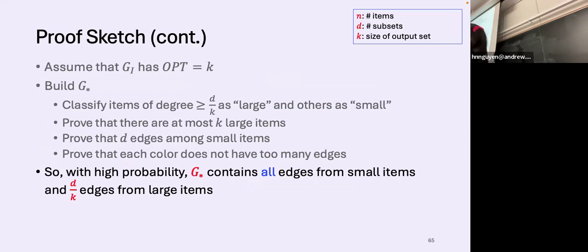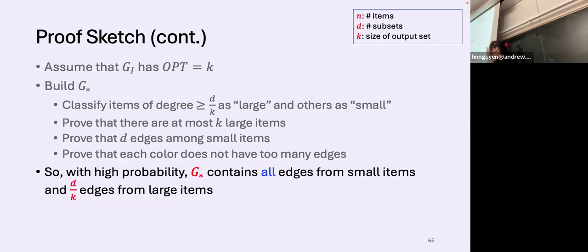And so now I proved that I should be getting D over K edges from my large items because they're not colored the same color as other large items. And they're also not going to be colored with too many small items.